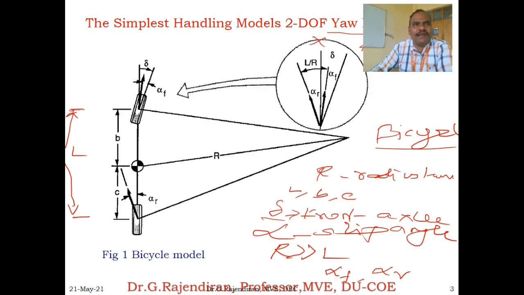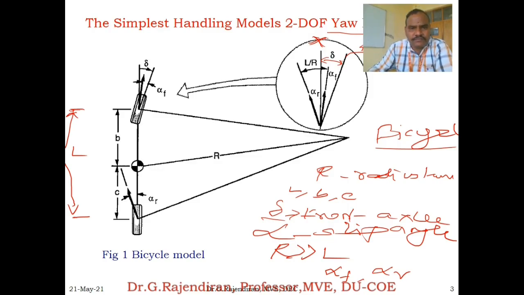This one is the front tire plane line. So this one is the longitudinal axis, the x-axis. Clear? So the angle between these two is called delta. Correct, sir?